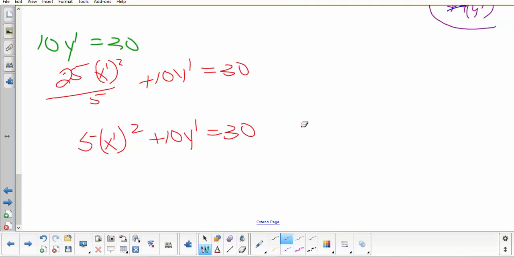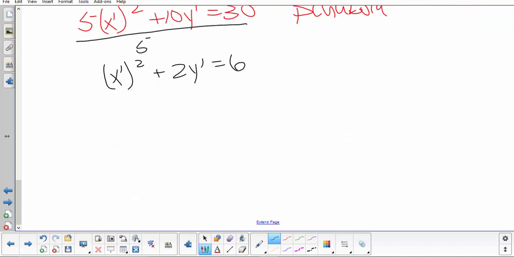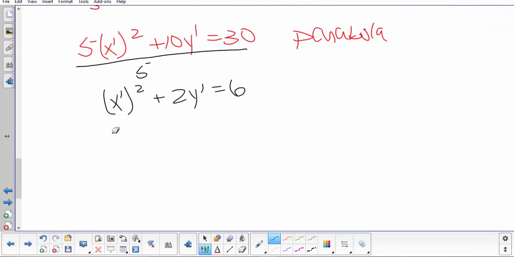So, we're dealing with a parabola. To put this parabola in standard form, I can divide everything by 5 and I get x prime squared plus 2y prime equals 6. Now, standard form for a parabola would be x squared equals 4py.